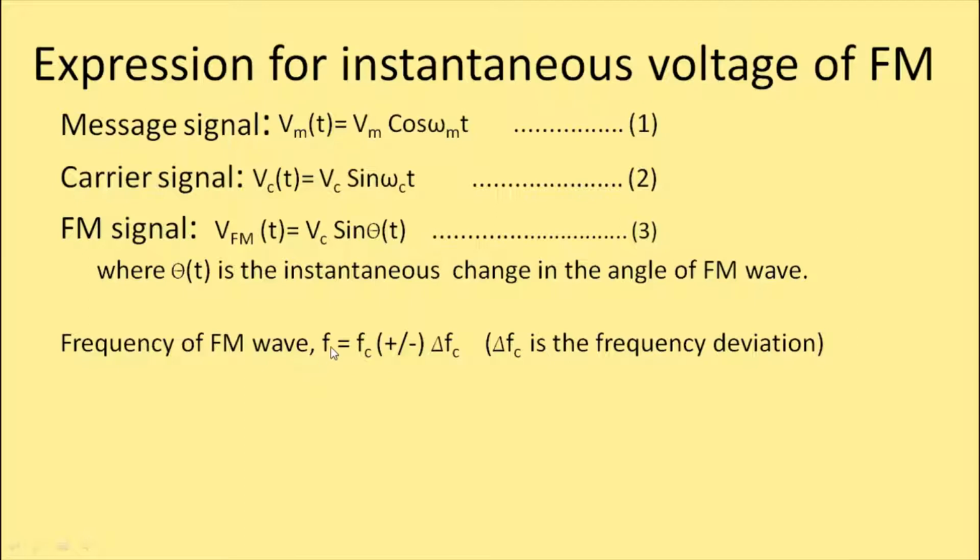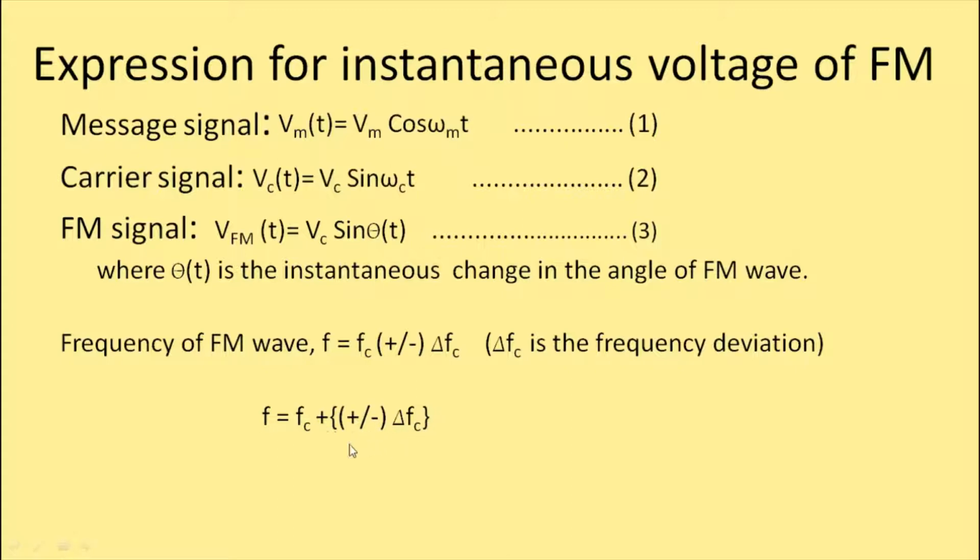Accordingly, in simple terms, I have given the frequency of the FM wave as F equal to Fc, that is carrier frequency, plus or minus delta Fc. Delta Fc is nothing but the change in the carrier frequency, which in future we will be referring to as frequency deviation. So here the same expression can also be given as Fc plus or minus delta Fc.